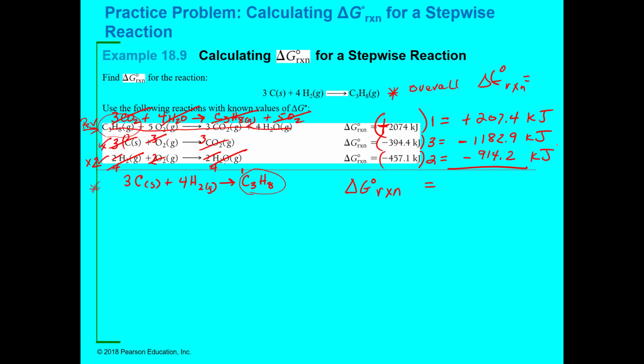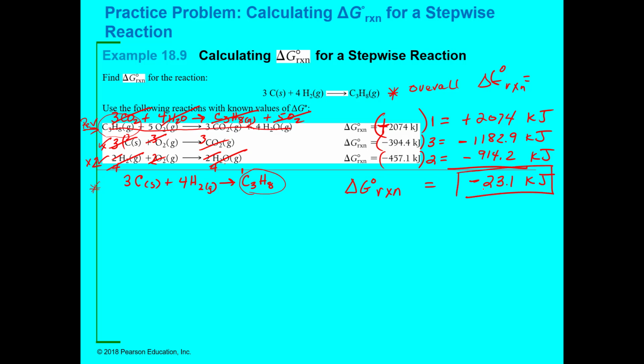And so when I add all of those up together, that's 20, sorry, that would be a mistake right there. It's 2074. All right, gotta watch it all the time. So then my total is going to be a negative 23.1 kilojoules, and that's the overall.